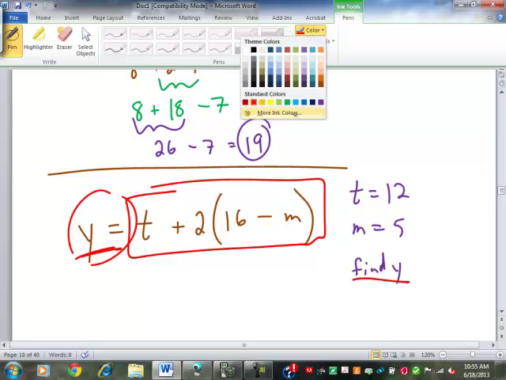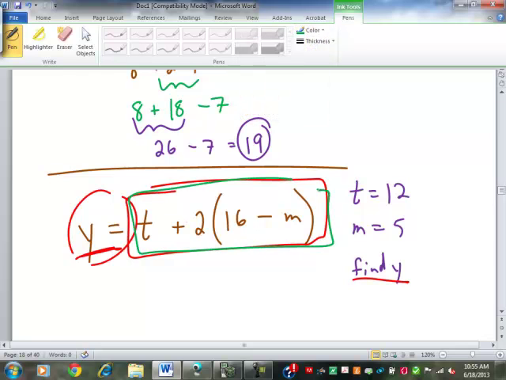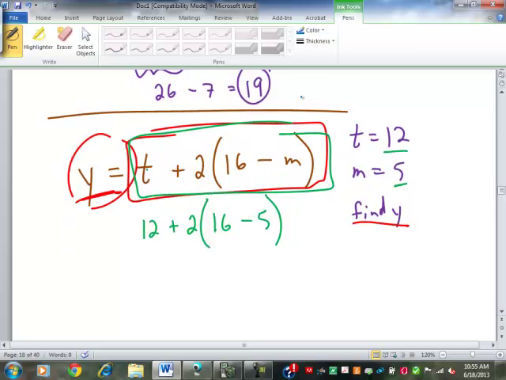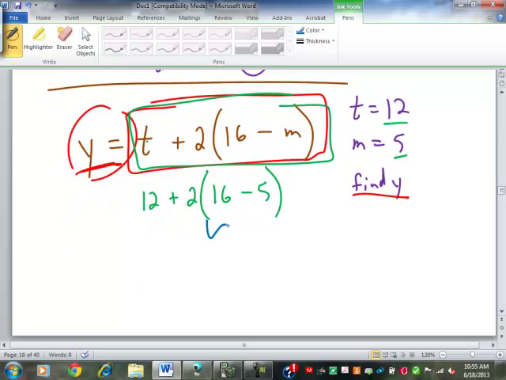So what we're working with is this green box. And we have all the values to replace the variables on that side of the equal sign. So t is going to be the 12 plus 2 times the parentheses, 16 minus 5, and we close the parentheses. So all we have to do is do our order of operations. We have to do the enclosing symbols or the parentheses first.